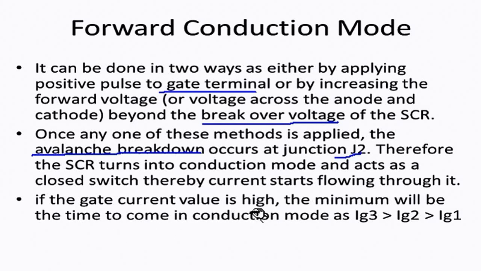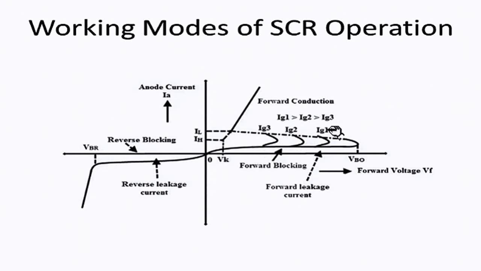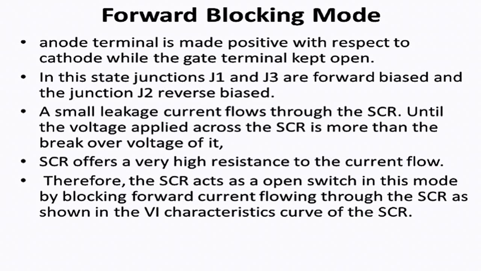So one more interesting thing we need to observe is when we increase gate current, the required voltage to turn on SCR keeps on reducing. This can be observed in VI curve, as IG1, IG2, IG3, these are all gate currents, keep on increasing, the required forward voltage keeps on reducing. So this is an important point to remember.